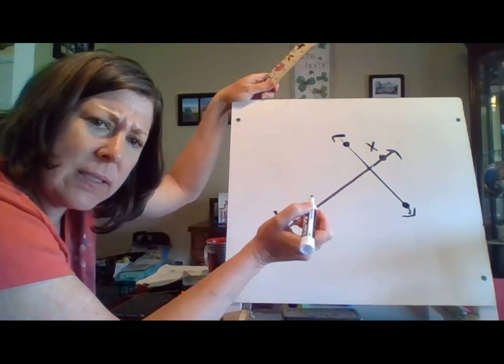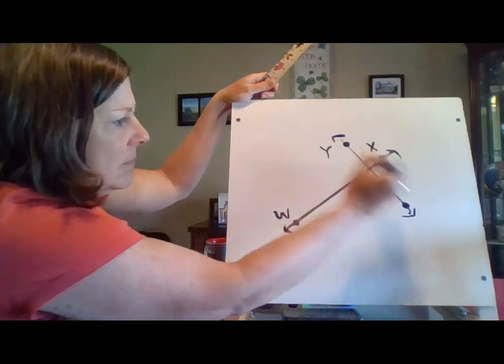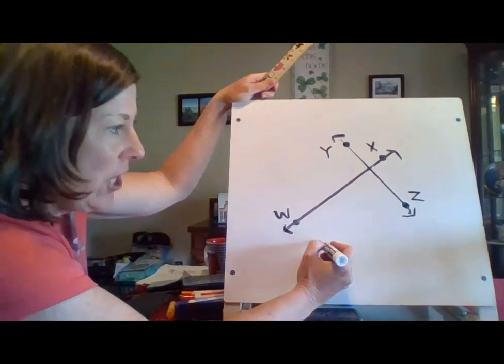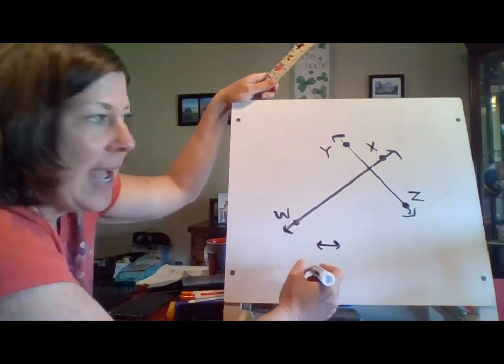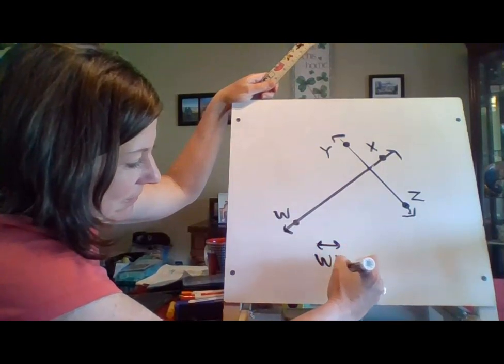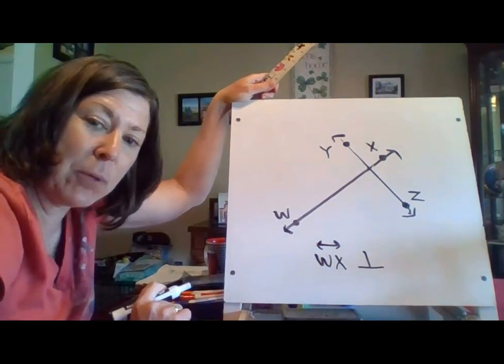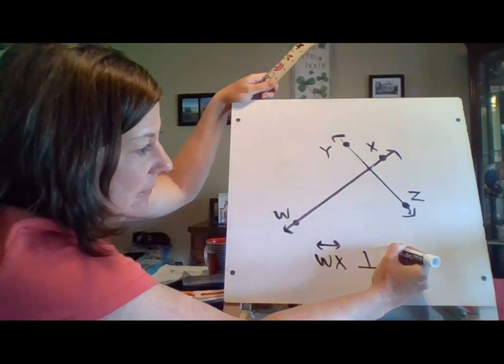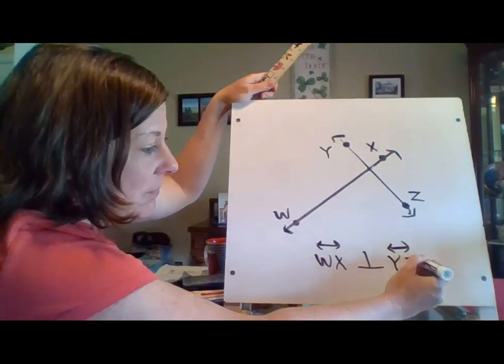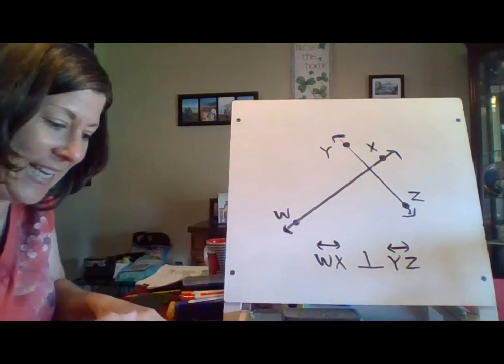And I think I'll call this line YZ. So I have line WX is perpendicular to line YZ.